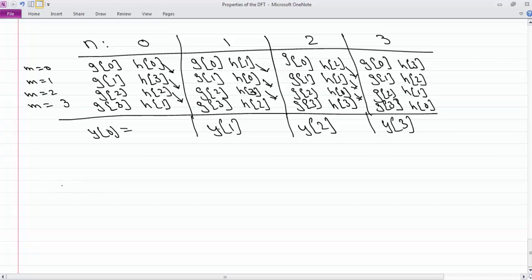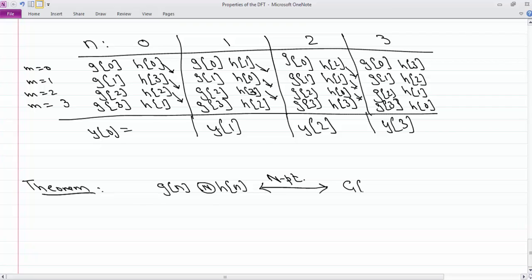So the theorem is that if you circularly convolve two sequences, okay, so you have N-point circular convolution and you compute their N-point DFTs, you ask what is the DFT of the circularly convolved output? That is equal to the multiplication of their respective N-point DFTs.